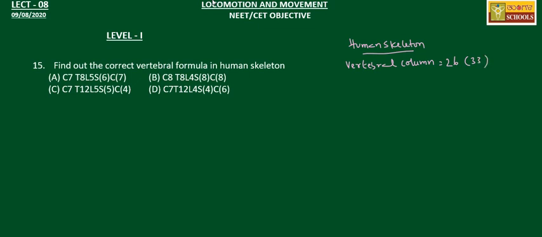Coming to the first, the cervical vertebrae. These cervical vertebrae are designated from C1 to C7, and they are 7 in number.